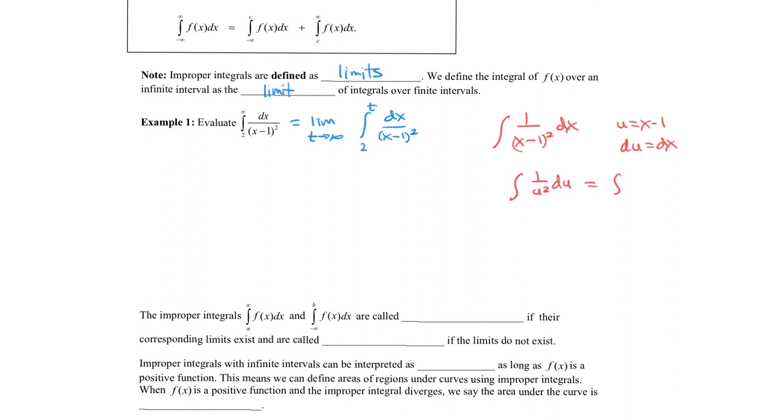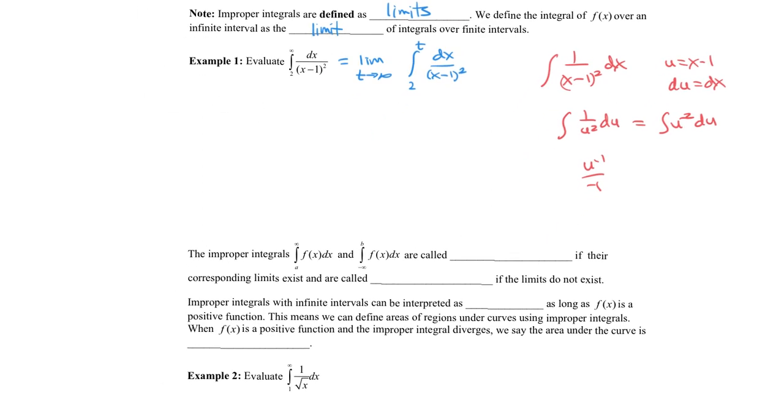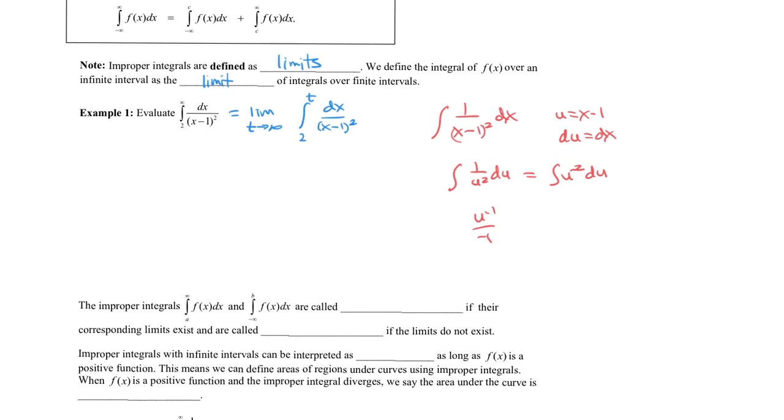which of course is equal to u to the negative second du. And from here we can just use the power rule. To integrate, the exponent goes up by 1 to negative 1, and we have to divide by negative 1, right? So we get u to the negative 1 over negative 1, which is an awkward looking expression.